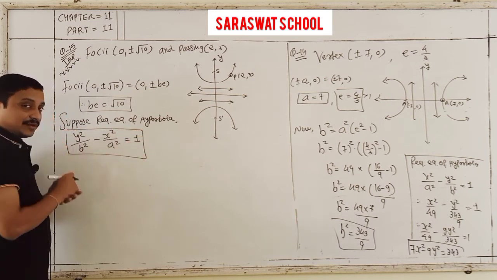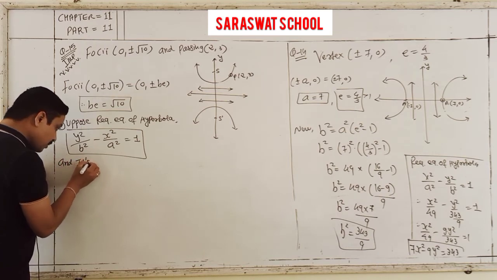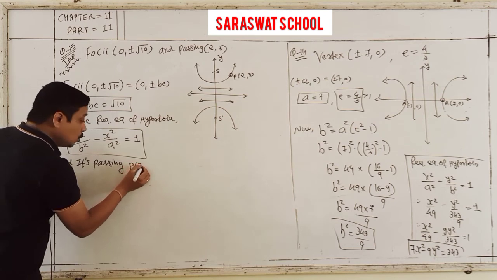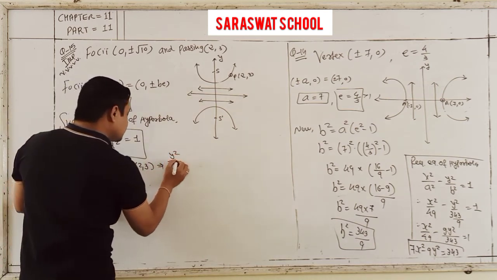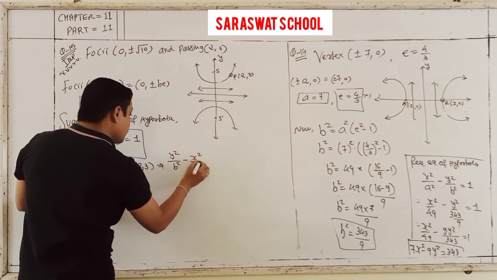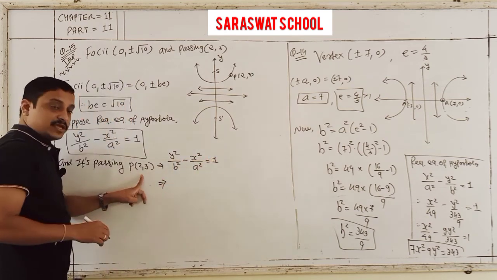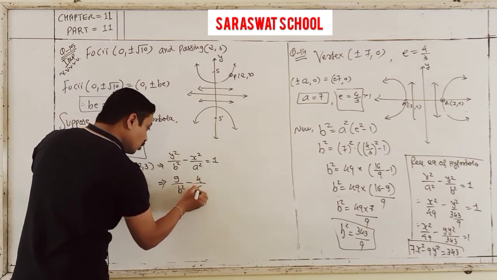That's your hyperbola, and it is passing through the given point P 2 comma 3 on that hyperbola. So y square by b square minus x square by a square is equal to 1. Put in y as 3, so 9, and x as 2, so 4.